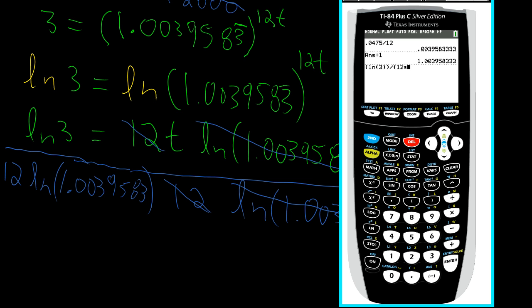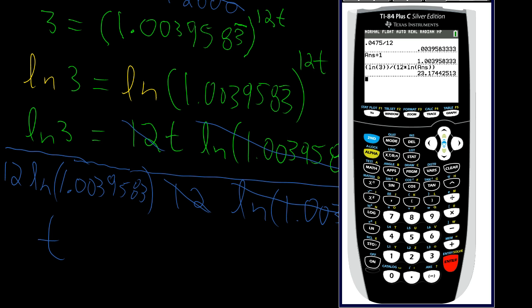Let me delete that. I'm just going to put in the answer that's on my calculator, so it saves me the trouble of typing it all in. And close the bracket. Close it again. So the first bracket was closed for the natural log. The second bracket's closed for the bottom. And then I get my answer.